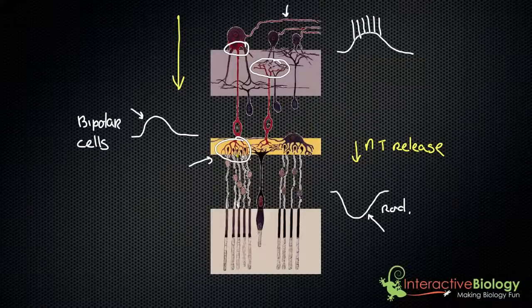Those neurotransmitters are normally inhibiting the bipolar cells. Now they are no longer being inhibited. They are going to depolarize. That's going to cause an increase in neurotransmitter release here to the ganglion cells, and that's going to stimulate the ganglion cells, causing depolarization and a burst of impulses.